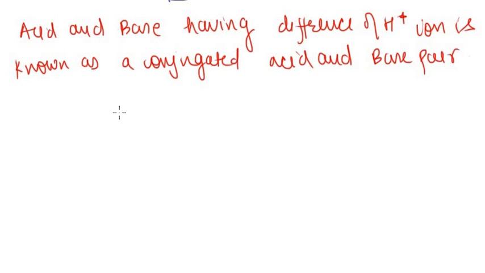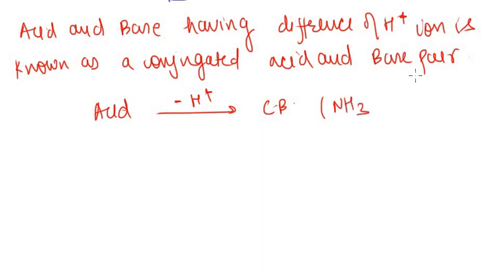In case of acid, when we remove H plus, the remaining is known as the conjugate base. Ammonia is not an acid.